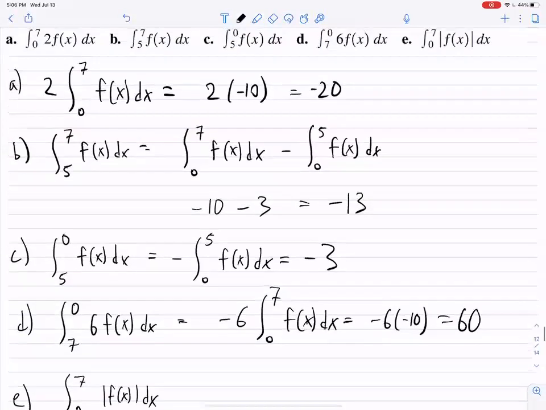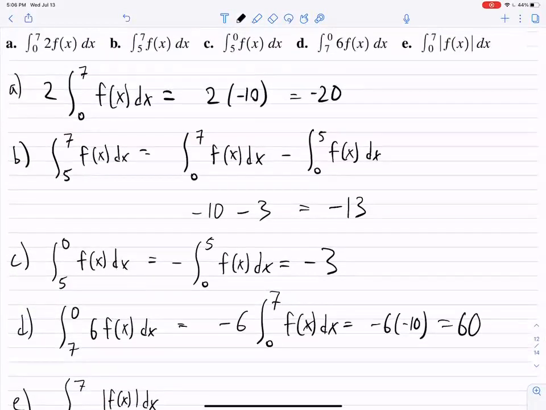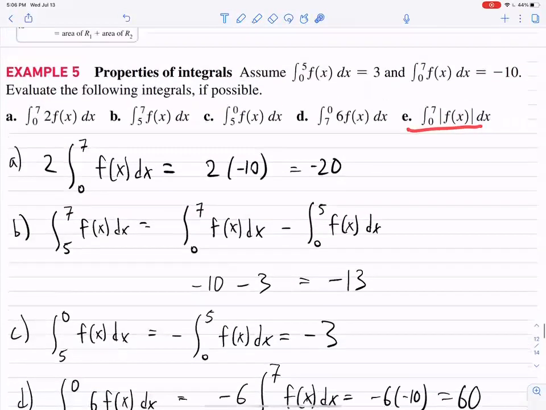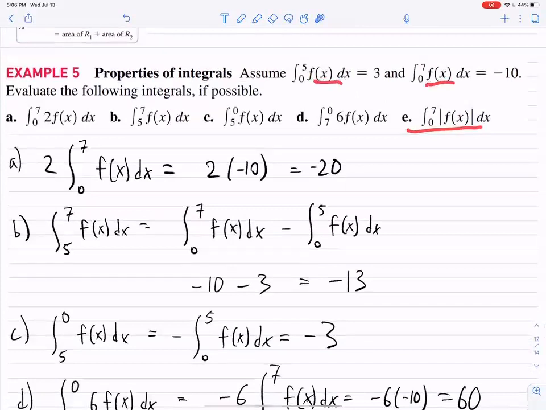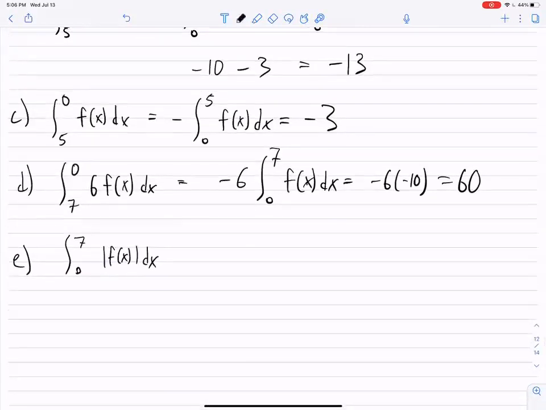That one we can't do because in order to do this, we need to know when f of x is positive and when it's negative. So this is impossible, because we need to know when it's above and when it's below the x-axis. Impossible, need to know more about f of x.